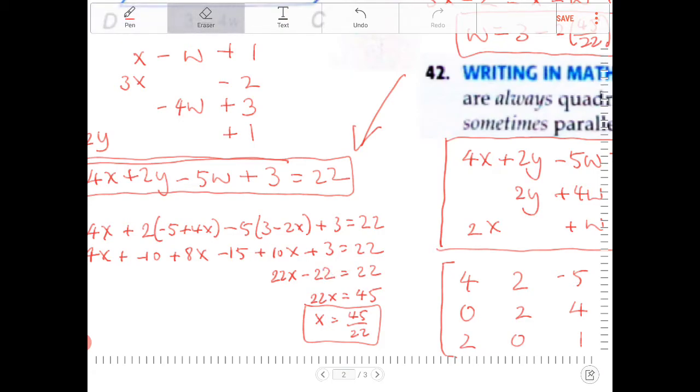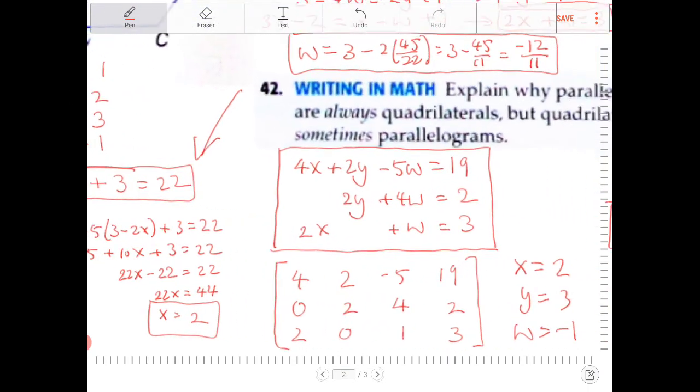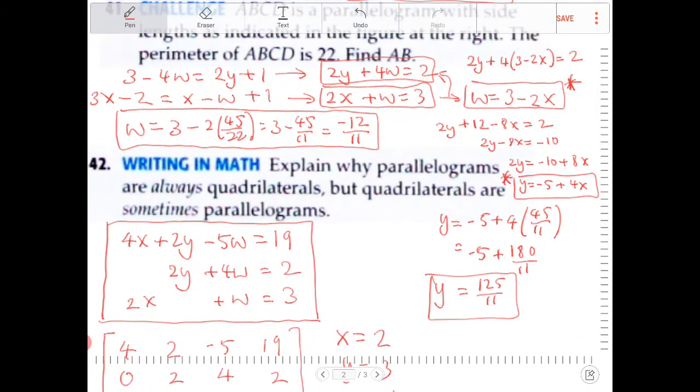Add 22 to both sides. I end up with 44. Divide both sides by 22. Of course, I end up with x is equal to 2. And since x is equal to 2, then all this stuff changes.